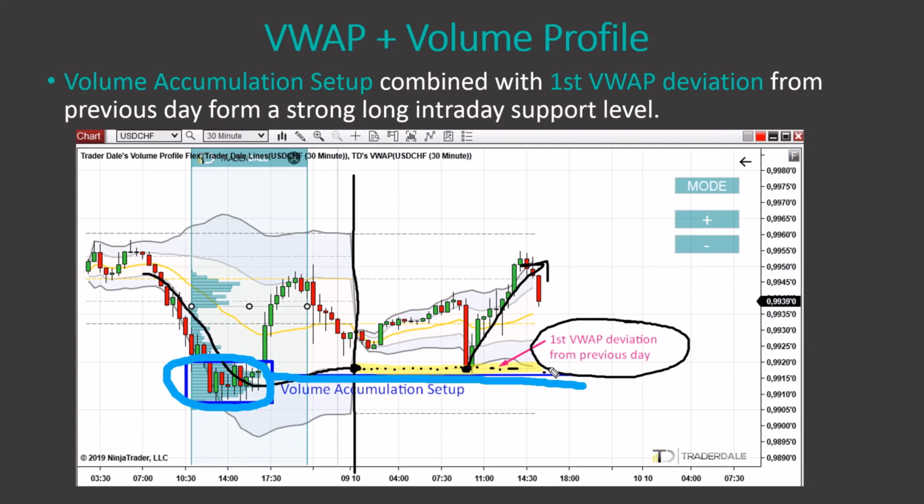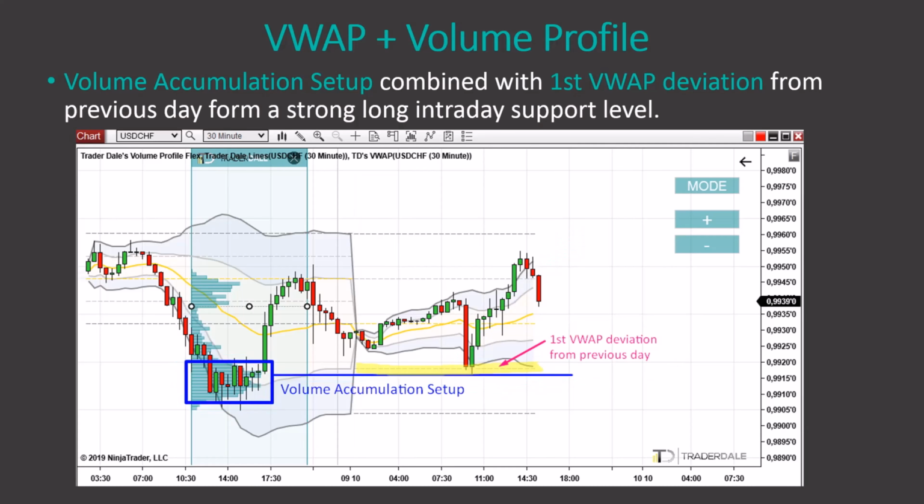Support in here. So two signals telling me that there is a strong support. VWAP telling me to go long, volume profile telling me to go long. So the best thing to do is actually go long, right? So that was the intraday trading scenario.